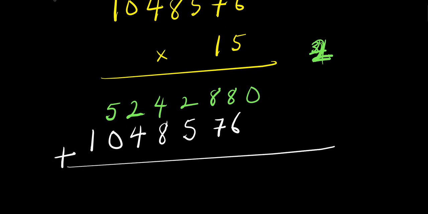We add up together. This is 0, this is 14. 4 carry over 1 out here. 9, 9 plus 7 becomes 16. 6 carry over 1 out here. This becomes 8. This is 12. 2 carry over 1 out here. 7.